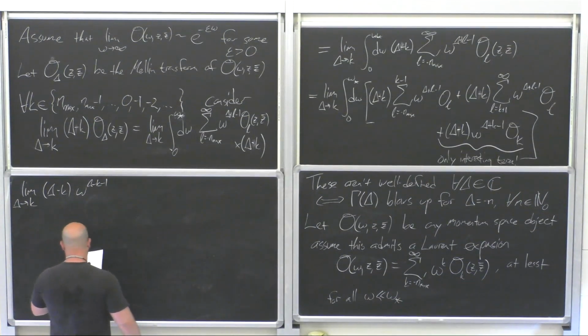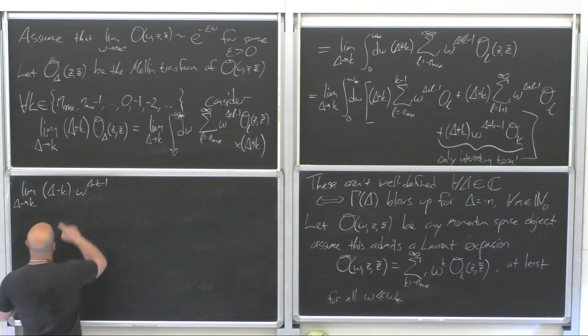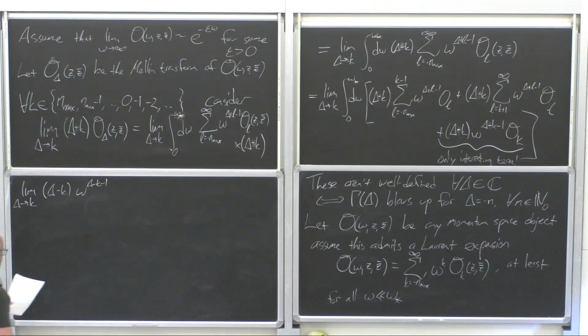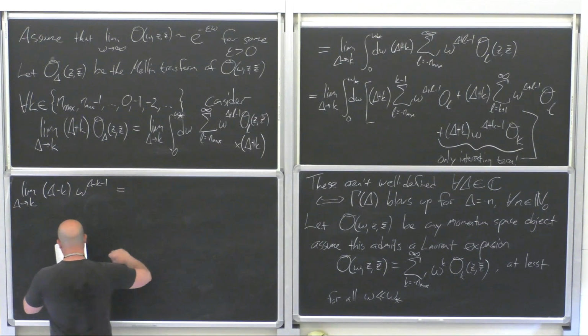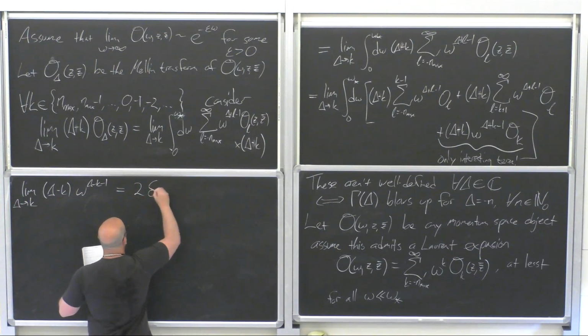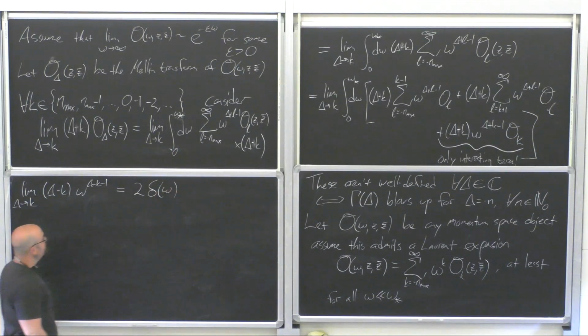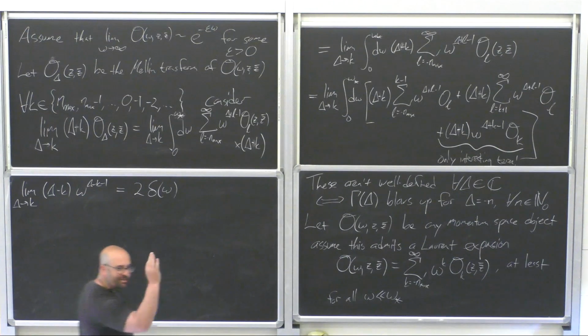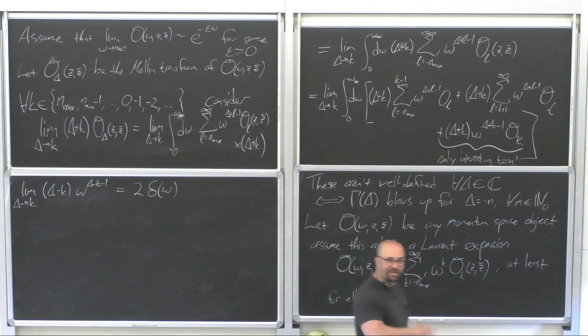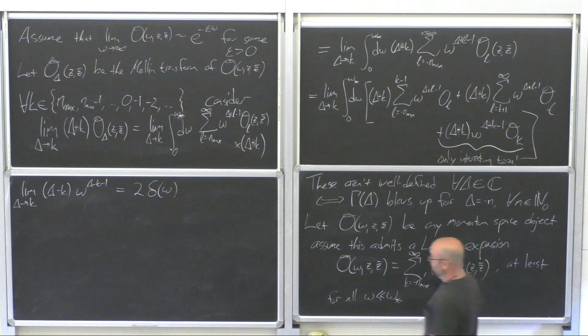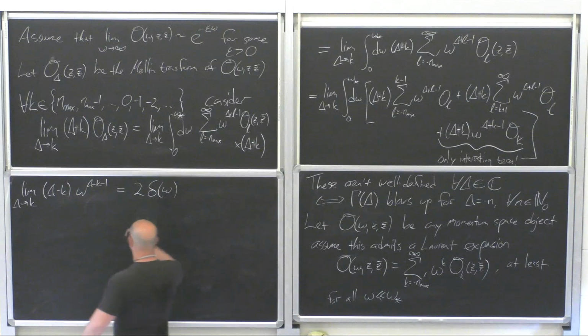Okay, right, so we're looking at a limit like this, but this is actually equal to a Dirac delta function times a number. If you go on the Wikipedia page for the Dirac delta function and scroll down a bit, there are all these different representations, limits of rational functions or exponential functions you can take to get the delta function. This is one of them.